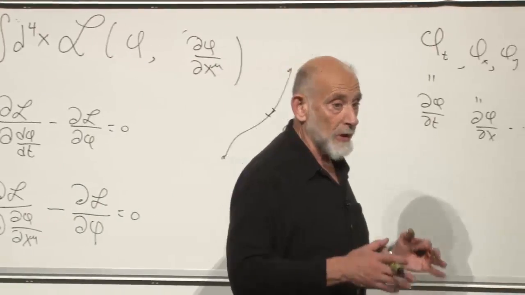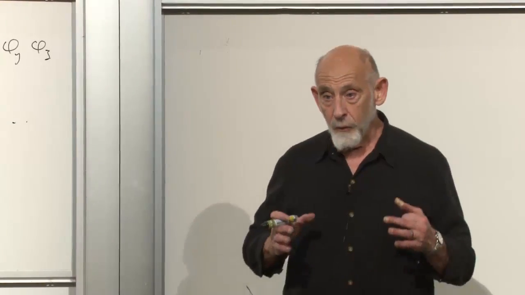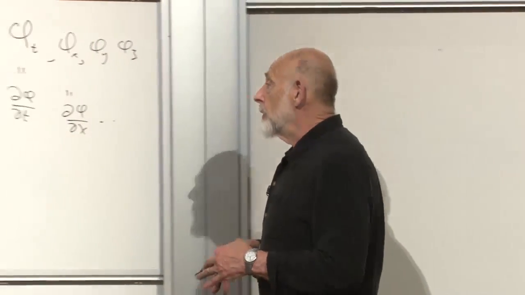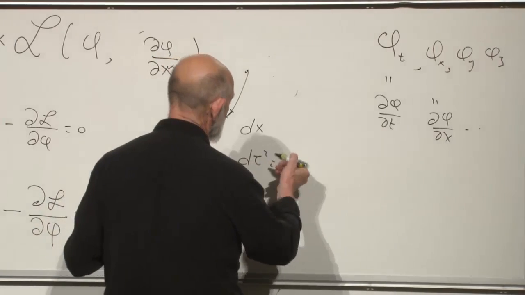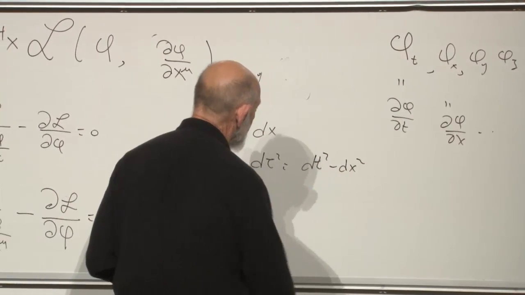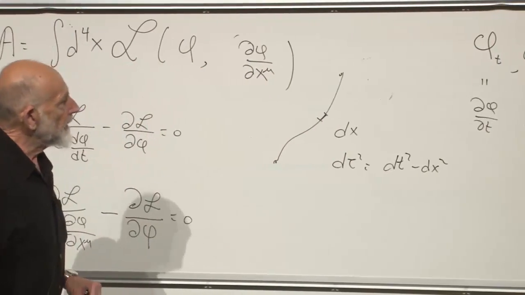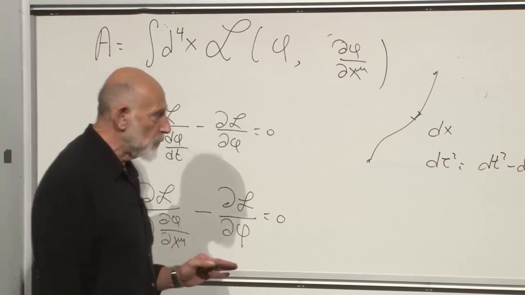They transform as the components of a 4-vector. Once we knew that, we knew that the quantity d tau squared, which is equal to dt squared minus dx squared, was invariant. But we had to start with a quantity whose transformation laws we knew.